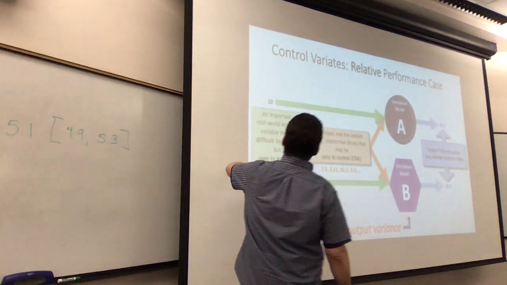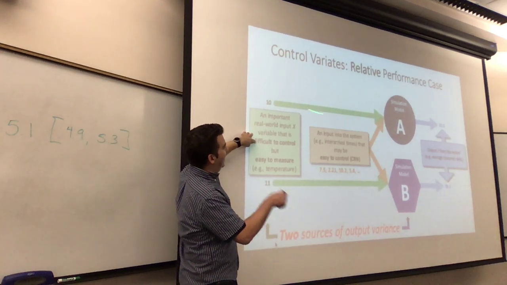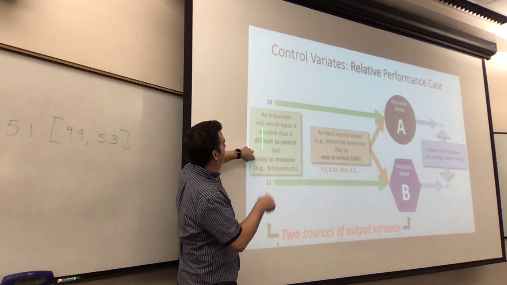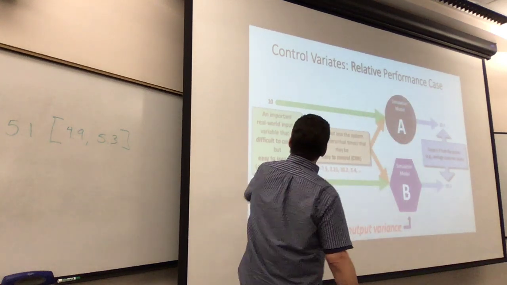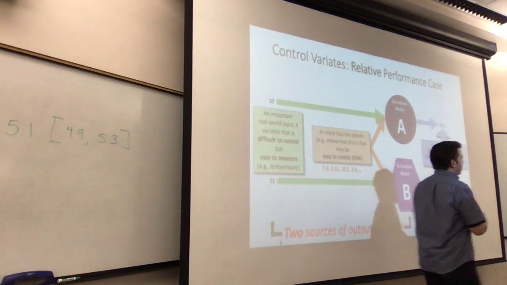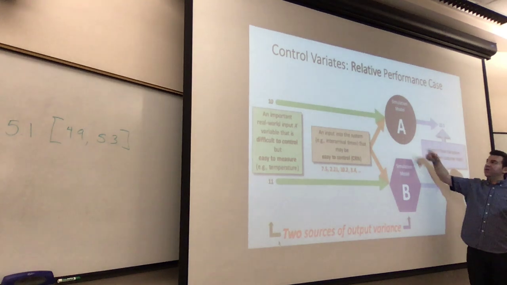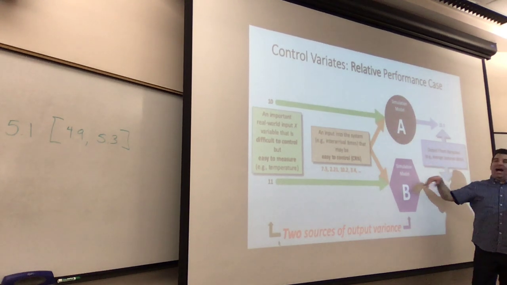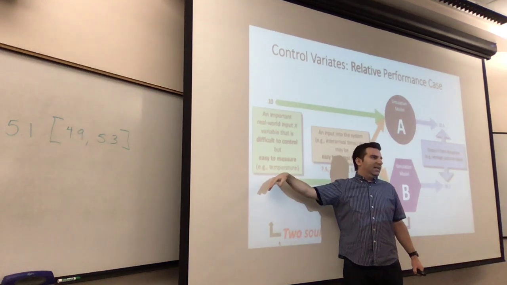And so if there is a real-world input variable that is difficult to control, meaning I can't send the same one into both, but it's easy to measure so I can see which ones go into these, then the idea is control variates will say, since I can measure this variance, I can subtract it away so that the only variance left is the variance in between these two models. Because really what I care about is how the operational strategy differs between A and B. I don't care about how this temperature or whatever this other effect is on my output.